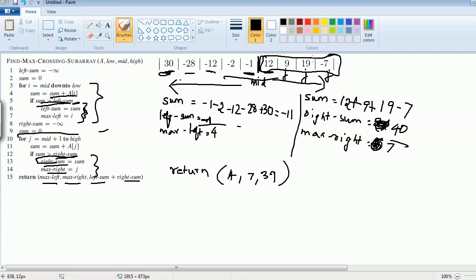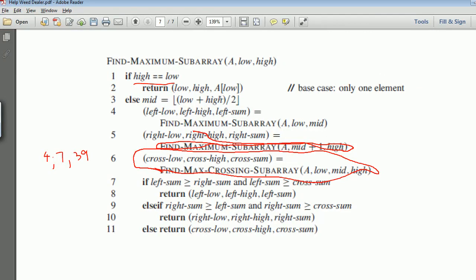Remember that I will make a separate lecture series for recursion problems, but computing recursively, it will return this solution, which is 5, 7, and what's the sum? 40, right?